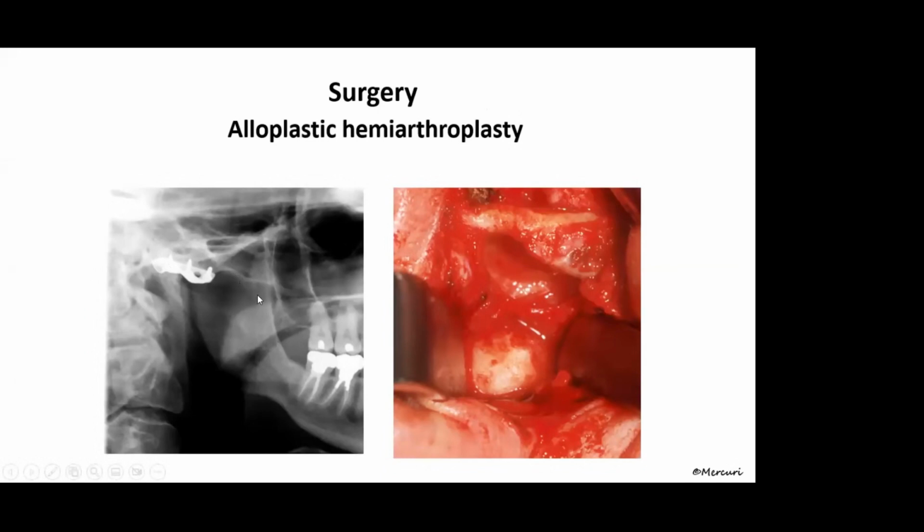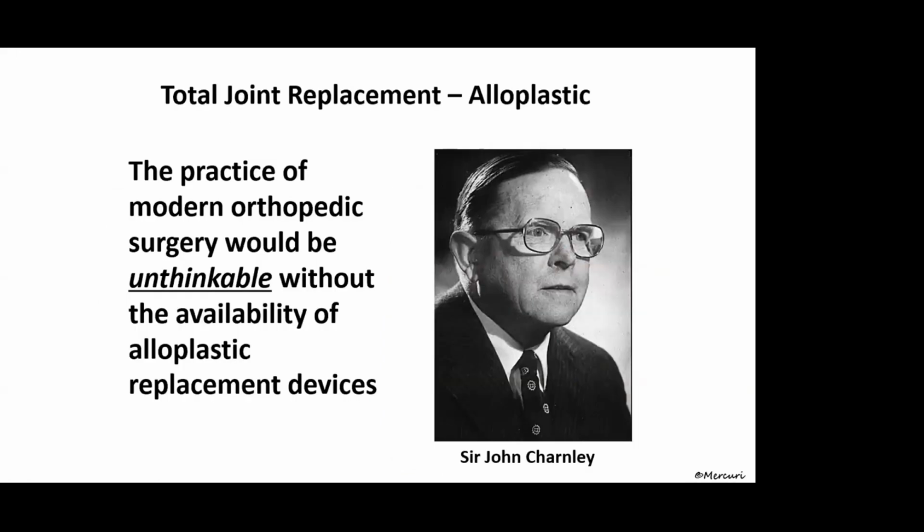And what we were seeing in these patients is, again, pitting bone against metal. This is what happens. So this is the fossa, and this is what's left of the condyle in these patients. So this doesn't make any sense at all, and has been abandoned, because you can't get these devices anymore. This leads us to total joint replacement with an alloplast.